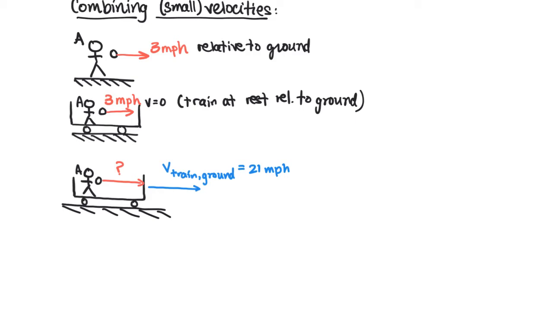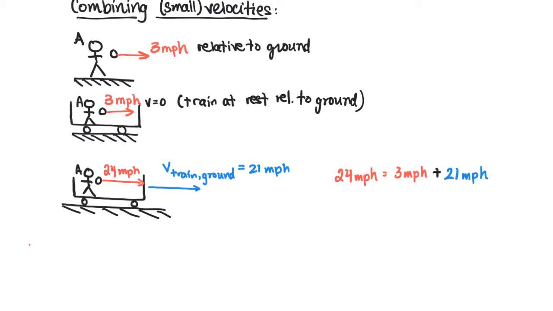And your intuition almost certainly tells you that you just want to add those two numbers together because she's throwing the ball to the right and the train is moving to the right. So the ball is therefore moving to the right with the sum of those two speeds, 21 plus 3 miles per hour equals 24 miles per hour. And indeed, the speed of the ball is 24 miles per hour to the right relative to the ground.